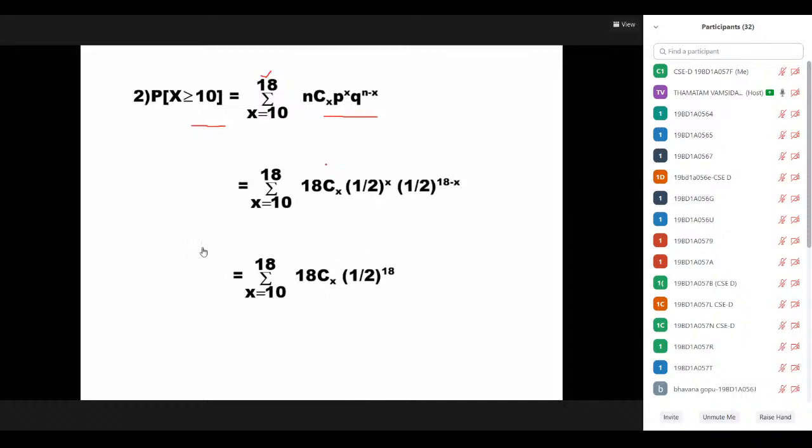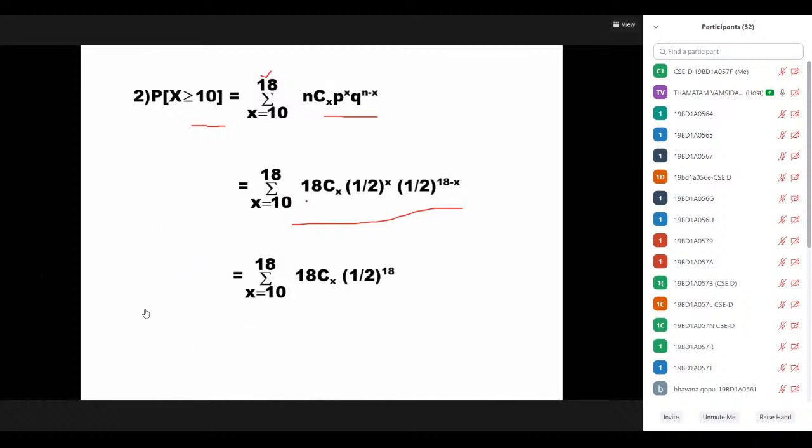I think all of you understood this point. All of you know how to expand and calculate the values. Previously there was only one value, that's why we didn't use the summation notation. But here x takes values 10 to 18.